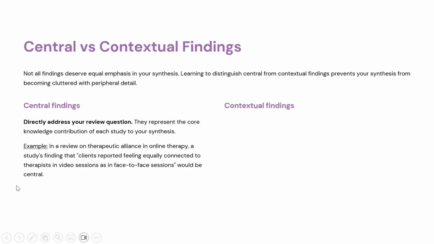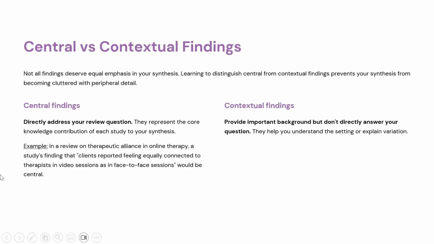Now, comparing that to contextual findings, they provide important background but don't directly answer your question, and they help you to understand the setting or explain variation. So this is where they play more of a supporting role, but they are not necessarily the main theme that emerges from the data that you're analyzing. And again, just to reiterate what was said earlier about whether or not to use a particular approach, such as meta-analysis or thematic or narrative, it's up to you as researchers to determine, when asking that question, what type of approach to take.